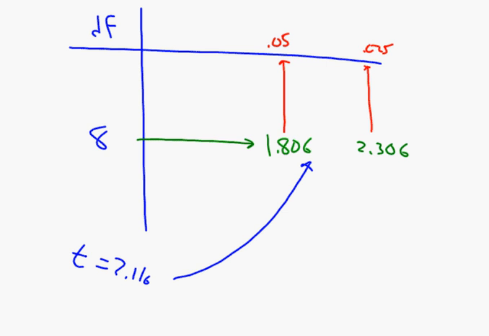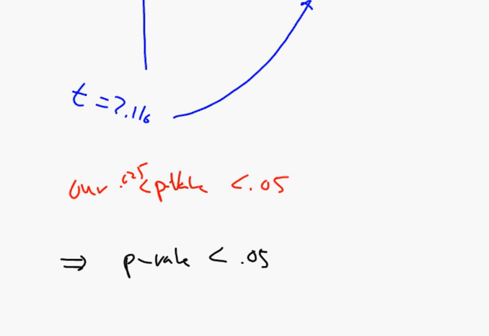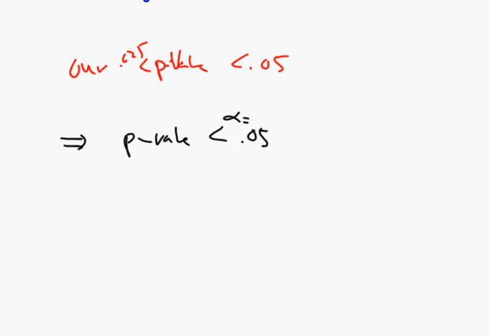So what can we say? We can finish off by saying our p-value is less than 0.05, but greater than 0.025. So either way, that implies that our p-value is less than alpha equals 0.05, which is what we finished.